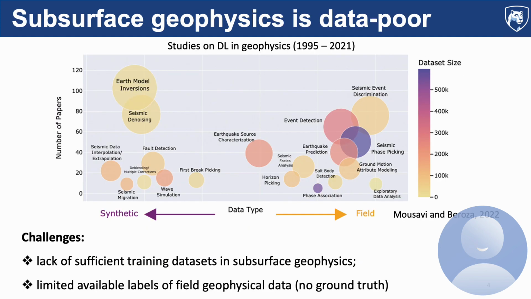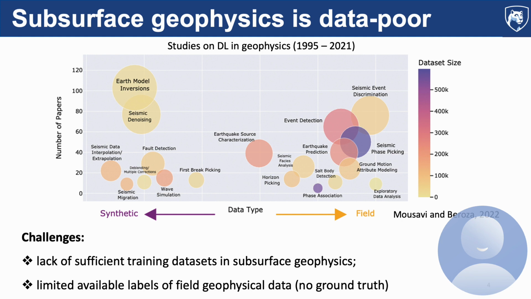However, in some of our geophysics research areas, we don't have much field data available for this training set. I borrow this picture from Mosavi and Broza's paper to convince you this is the case. The authors tried to summarize a number of papers in different research areas with training data set size.